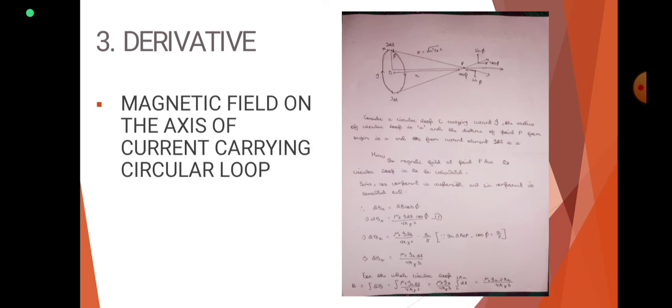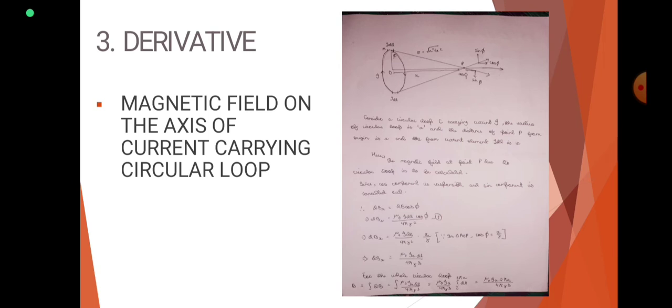And we integrate dl from 0 to 2 pi a, where 2 pi a is the circumference or the total limit of the circular loop. Thus by further calculating, we get mu naught I a times 2 pi a by 4 pi r cube.